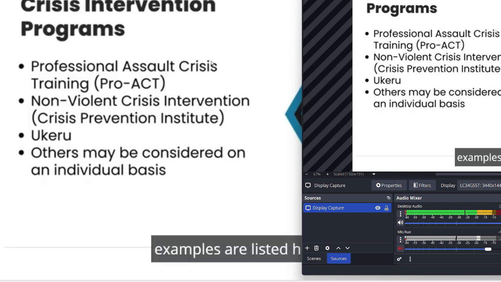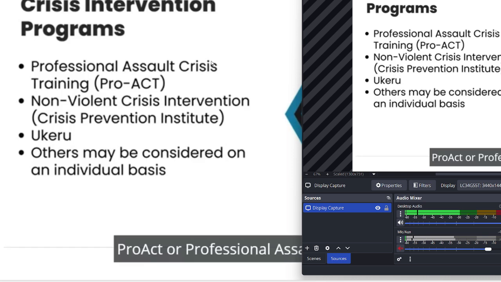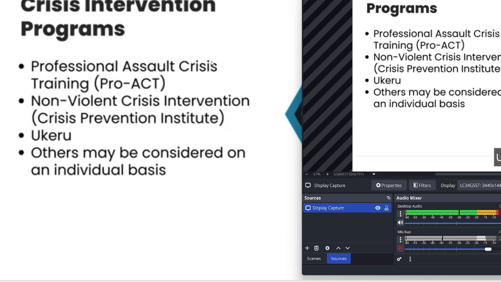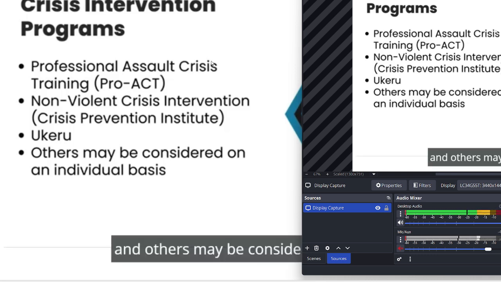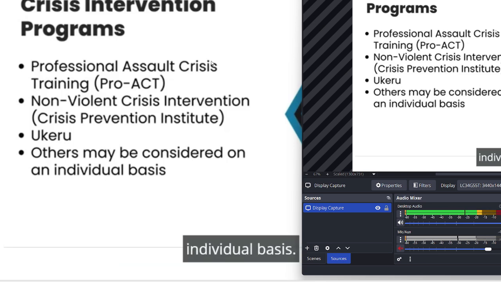Some examples are listed here: PROACT or Professional Assault Crisis Training, Nonviolent Crisis Intervention through the Crisis Prevention Institute, UCARU, and others may be considered on an individual basis.